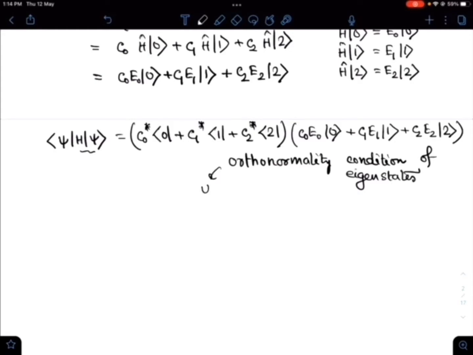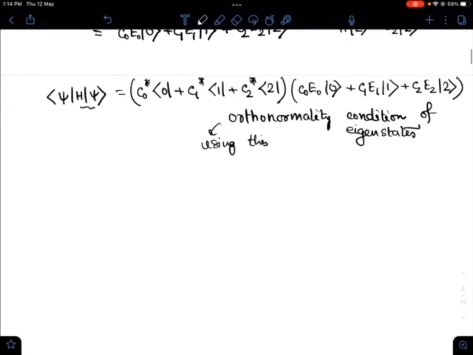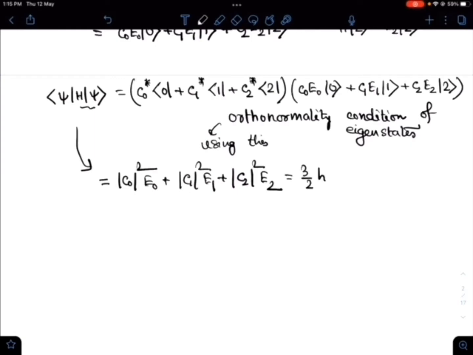Using this, we will get |C0|^2 E0 + |C1|^2 E1 + |C2|^2 E2. So this is given as 3/2 h-cut omega. So this is another condition.